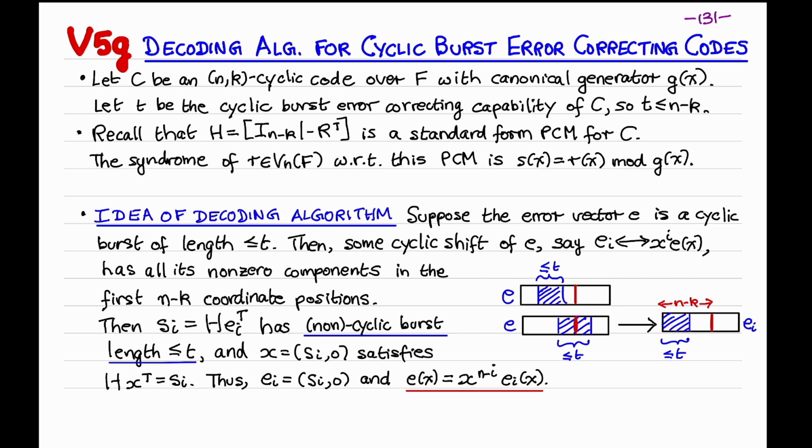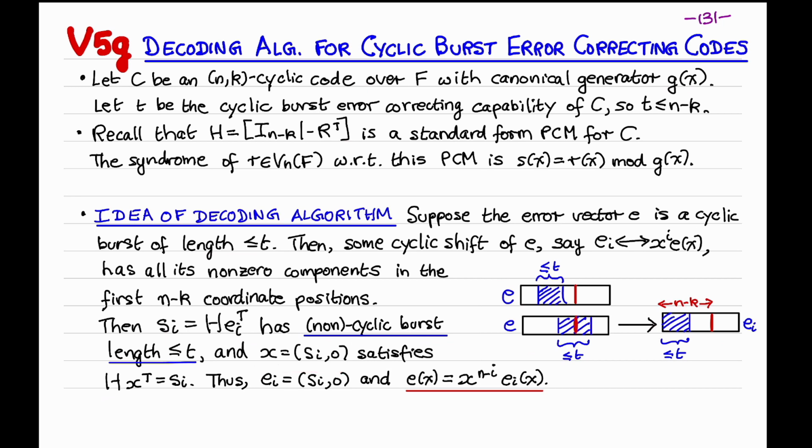I emphasize that this S_i is a non-cyclic burst of length at most t. Now the vector x, which has S_i in its first n minus k coordinate positions and zeros elsewhere, has syndrome S_i. And so x has the same syndrome as E_i.